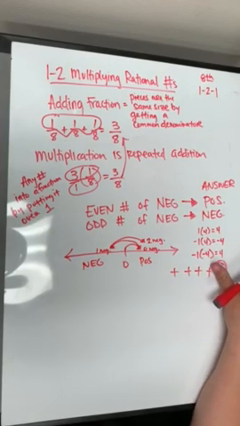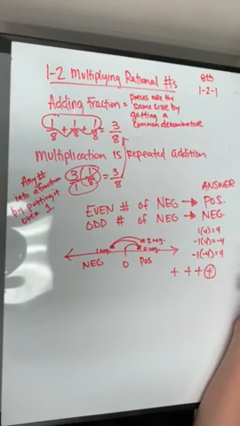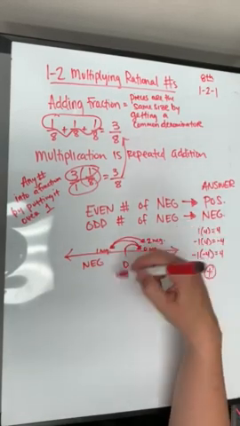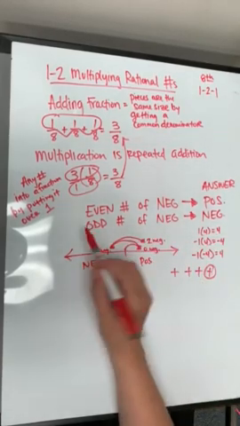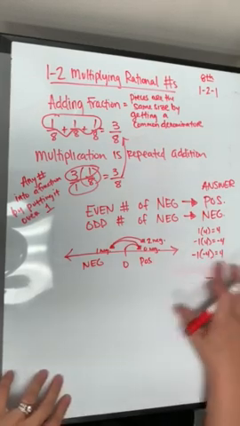If they had an even number, they would have landed on a positive. That's totally okay. I like to think of it like this, and I can count it in my head. If there's an even number of negatives, it's a positive. If there's an odd number of negatives, it's a negative.